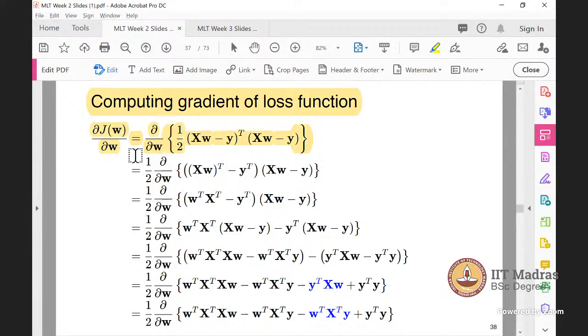What we want to do is find the optimal parameter set, which is W. That's why we want to partially differentiate our loss function with respect to W. And this is the entire procedure.